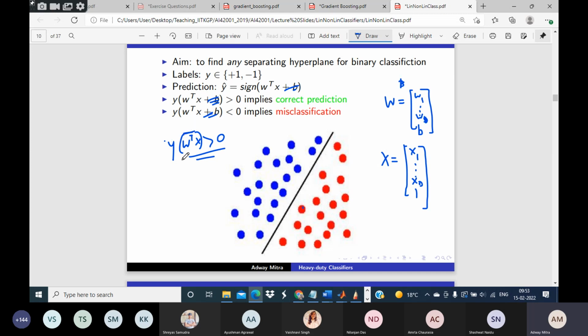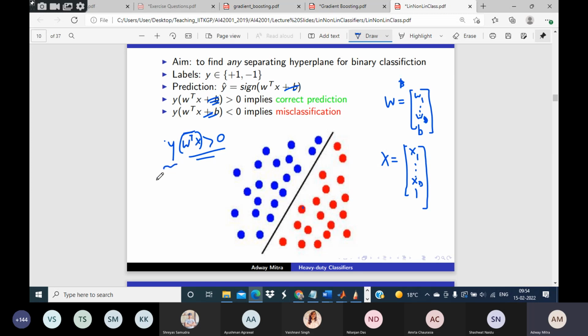Either both are positive or both are negative. That is the only way in which their product can be positive, right? We all know that plus into minus is minus, plus into plus is plus, and minus into minus is also plus. So if this product is positive, that basically means they have the same sign.